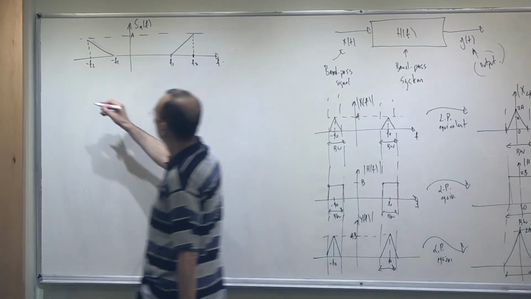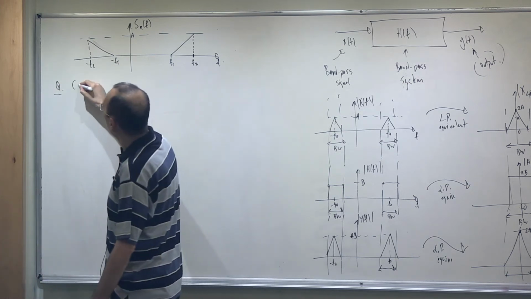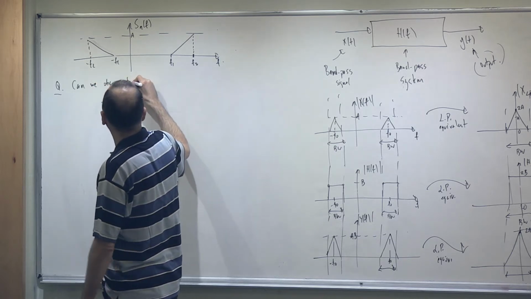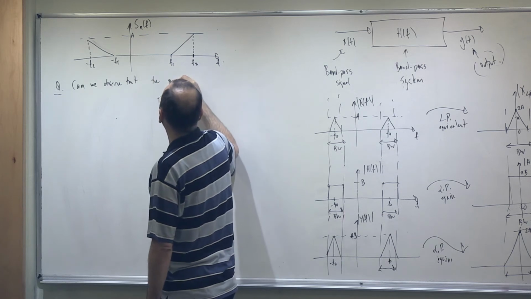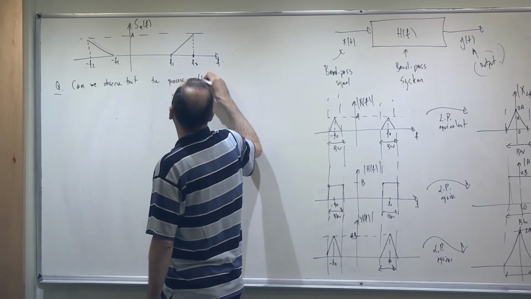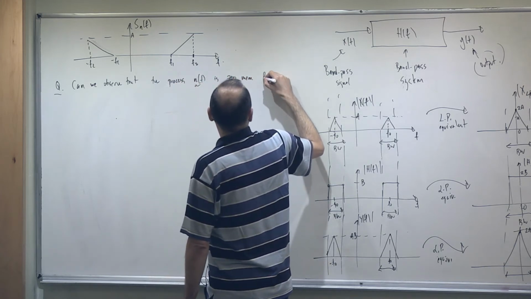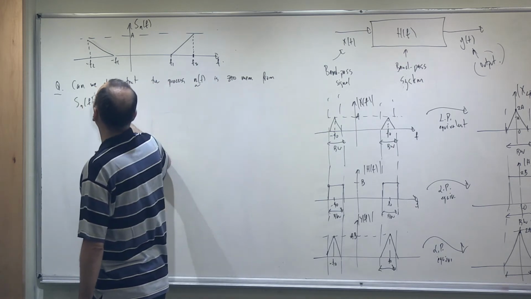Now, observation number 1, question. Can we observe that the process n of t is zero mean from, let's say, Sn of f, let's sketch.